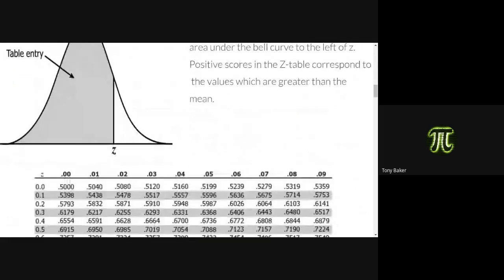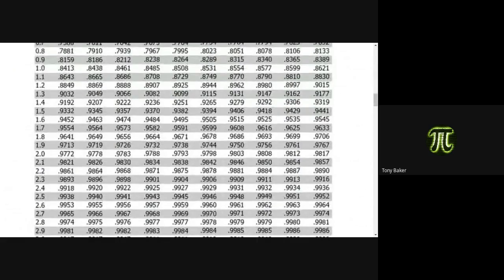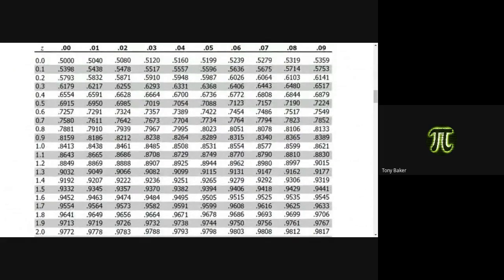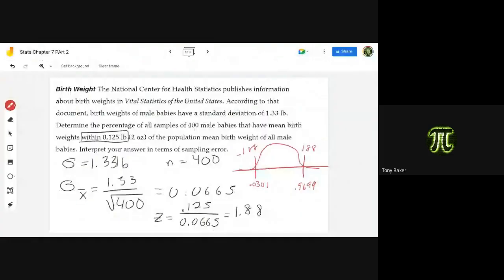And then positive 1.88 is 0.9699. All right, so what are we doing with those two numbers?